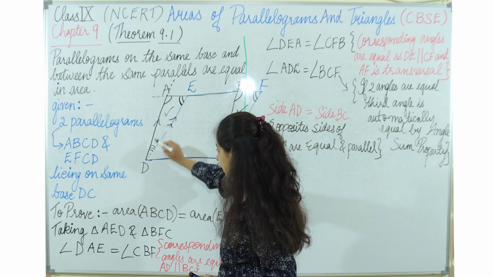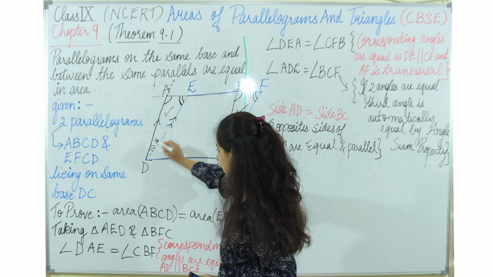Now we will be taking this parallelogram. So area of parallelogram ABCD can be written as area of triangle AED plus area of quadrilateral EBCD.